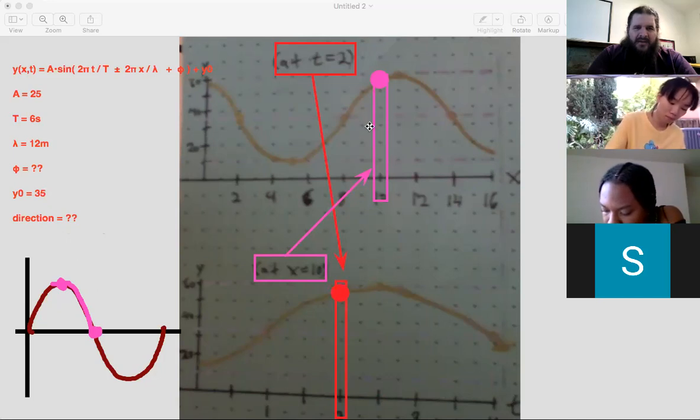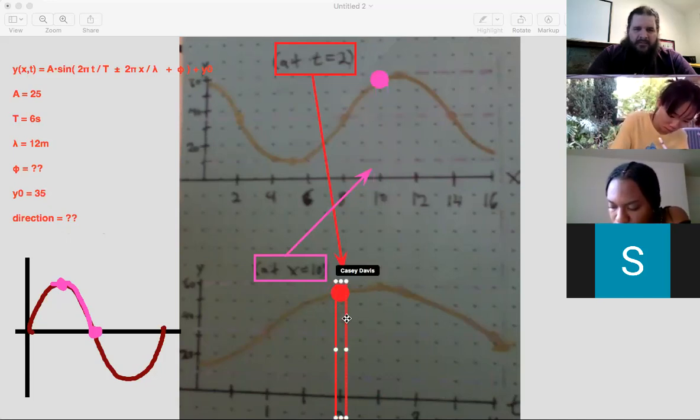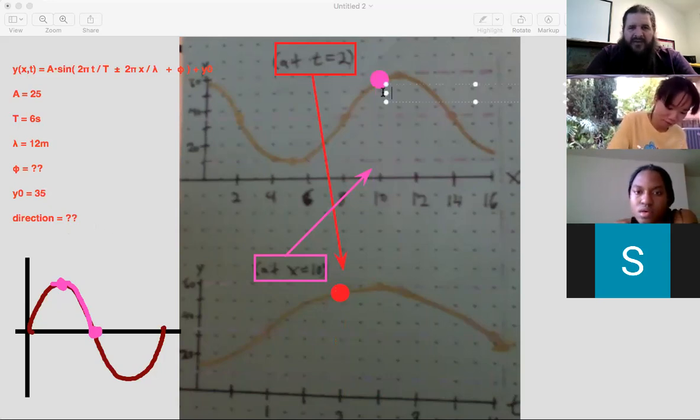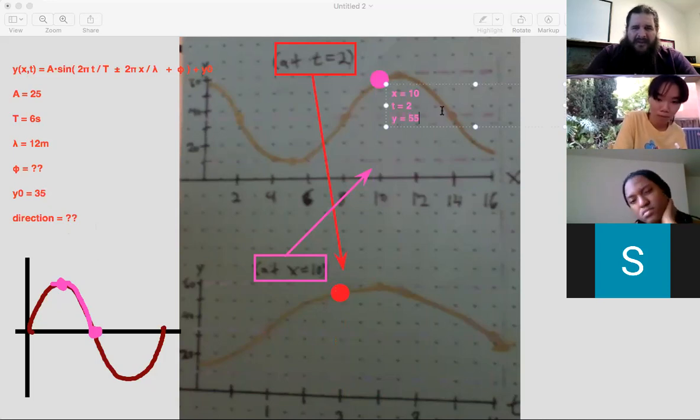In fact, if you take a look at the coordinates there, it looks like this point has an x coordinate of 10, because that's where it is on the graph, a t coordinate of 2, because the whole graph is at t equals 2, and a y coordinate of about 55. I'm estimating there, but close to 55.